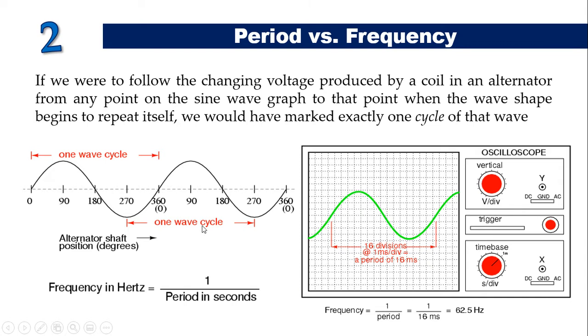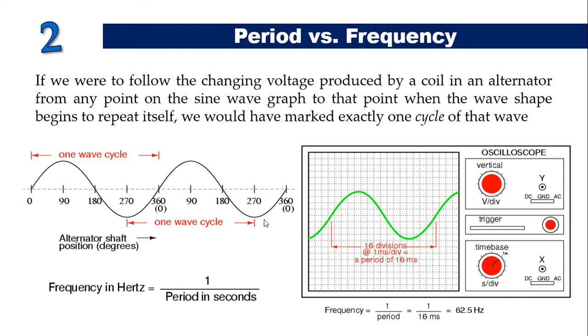And from that, we can get the frequency. If we have a period of, let's say, 16 milliseconds based on our illustration, the frequency of that waveform is equal to 62.5 hertz.